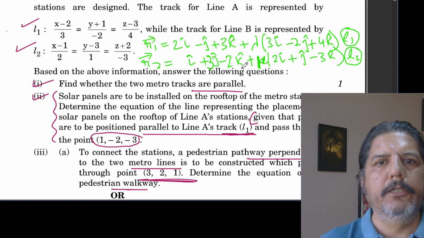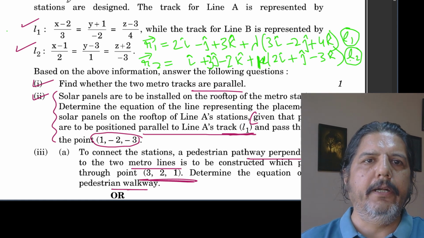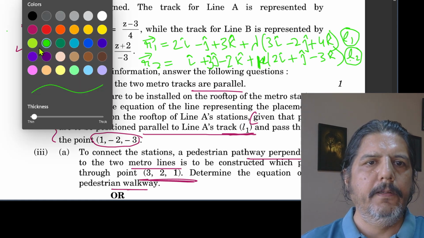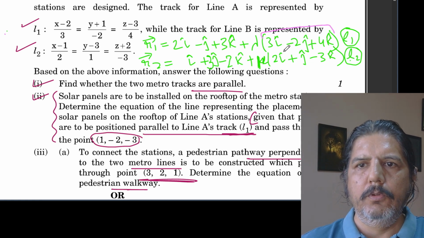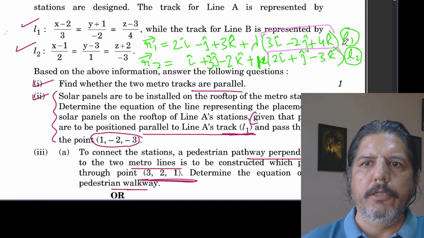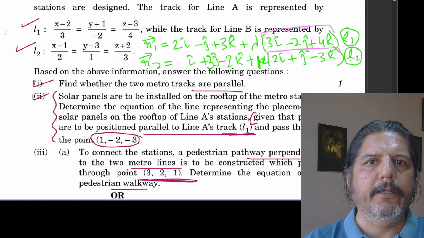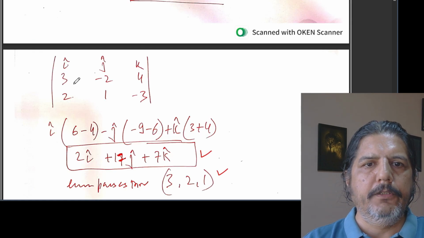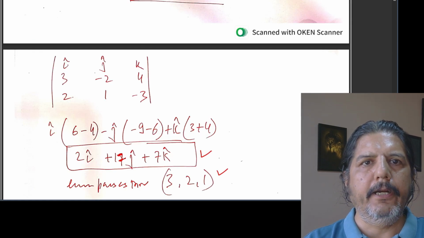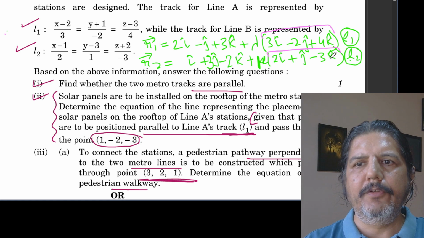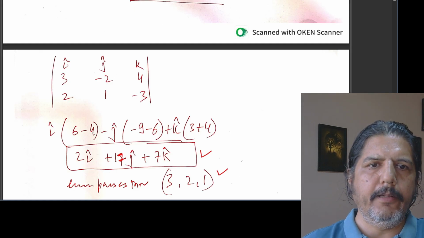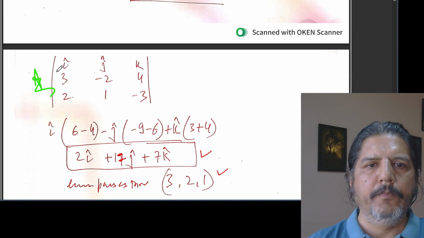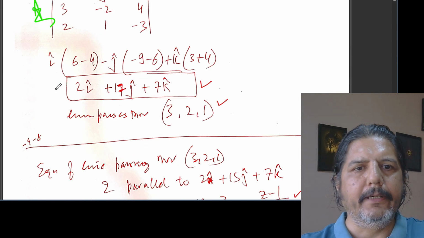So once I have found the vector equations, now I'll find the cross product of these two: 3i minus 2j plus 4k, and 2i plus j minus 3k. So this is the cross product that I'll get.